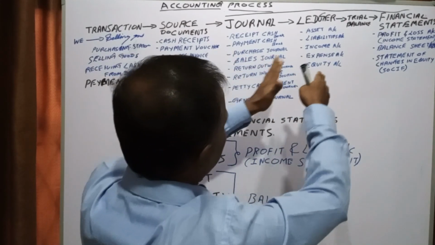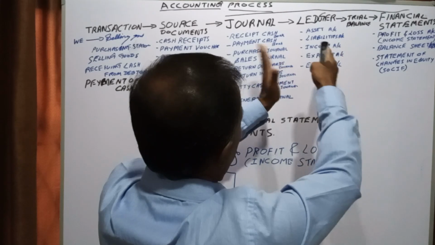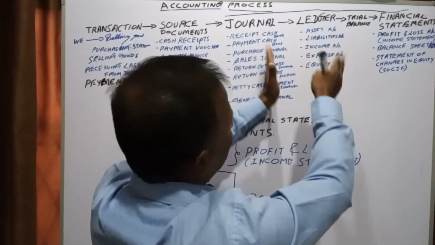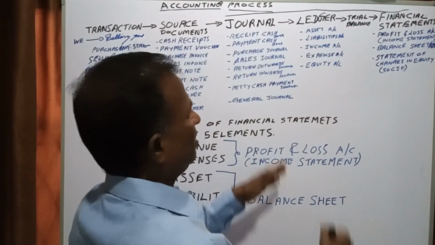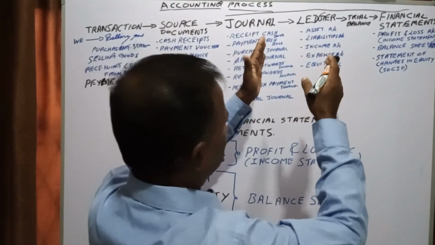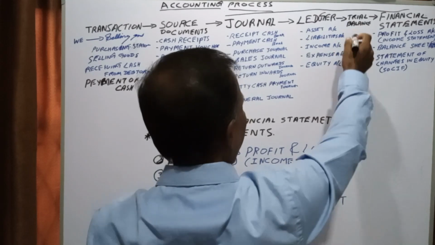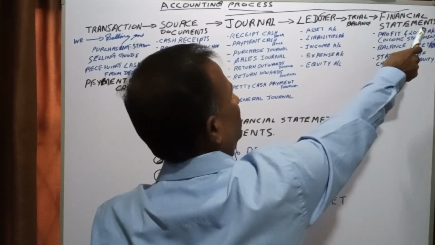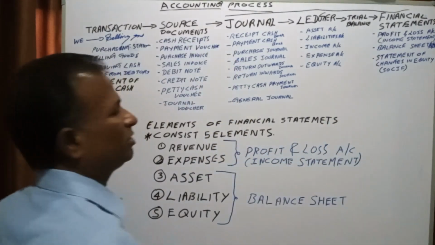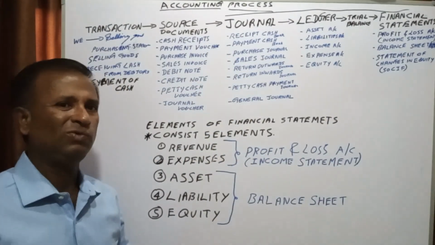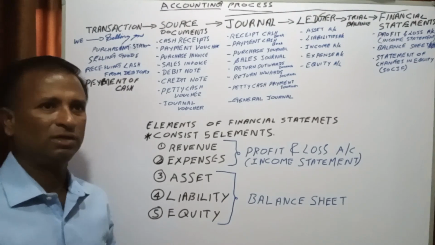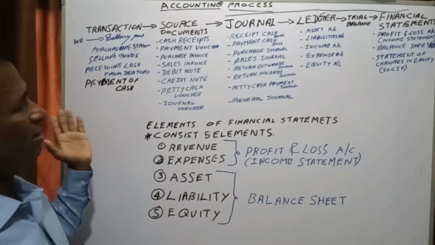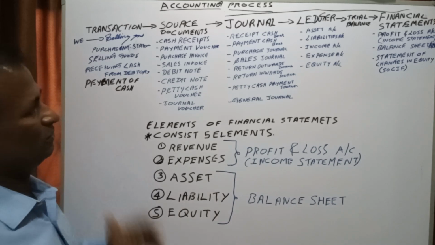From the journals we post to the ledger accounts, and the summarized ledger accounts will appear in the trial balance. Based on the trial balance, we prepare the final statements. Now, I feel you would have got the correct picture of this financial accounting process.